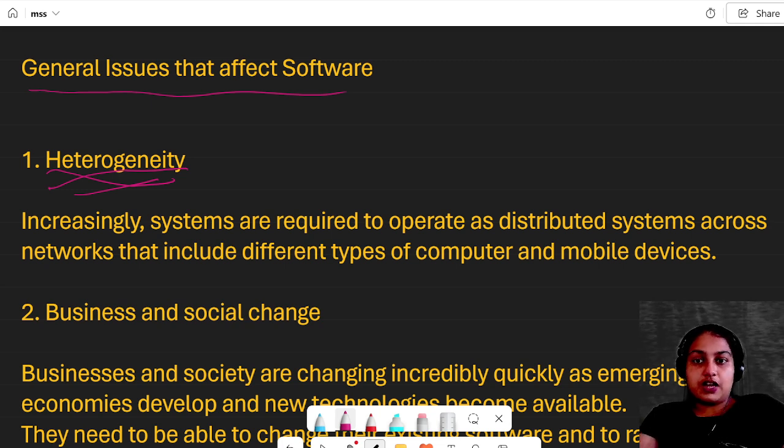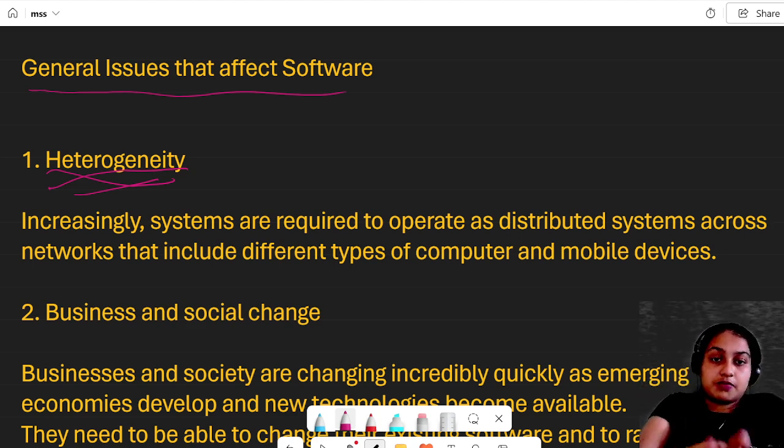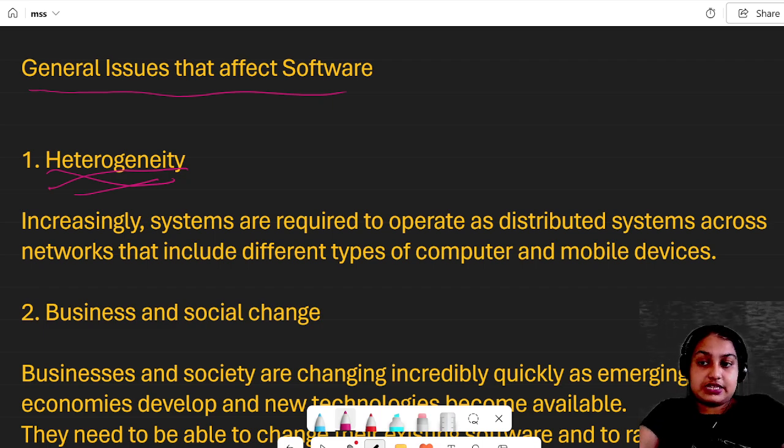So as of now, these systems are all distributed in different networks, and they have to work in different types of computer, different types of mobile devices, and this is an issue of the software. Why? Because a particular software might be developed for one particular system if it is customized. So at that time, issues might arise in these cases.